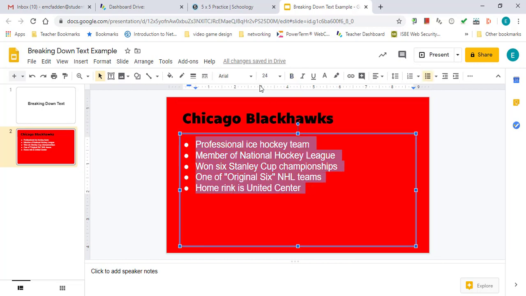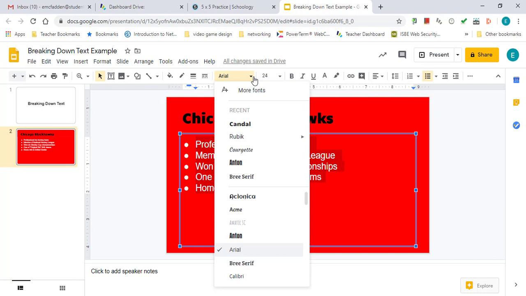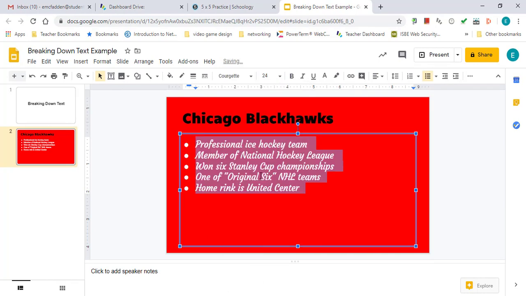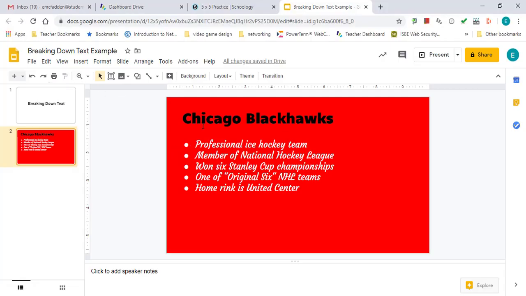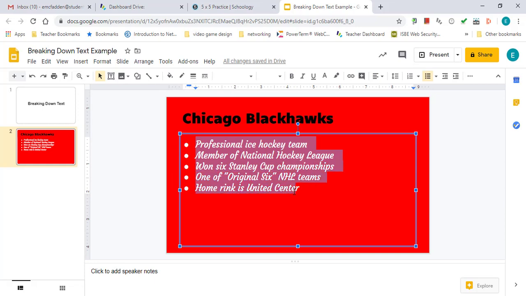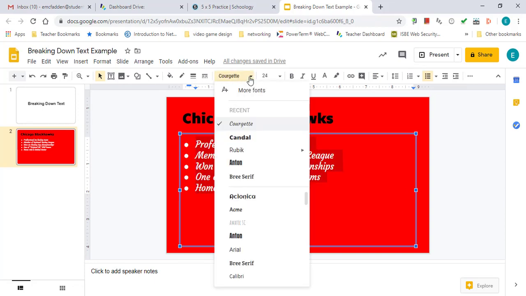Now remember, we don't want the fonts to be too decorative or crazy. For example, if I do something like that, let's take a look at this. Not that it's terrible, but it is a little bit more distracting when you have to try and read that. So I'm going to try and stay away from those fanciest looking fonts for things that are a little more simplistic, but maybe slightly more interesting than Arial.